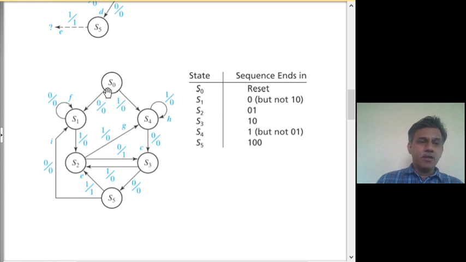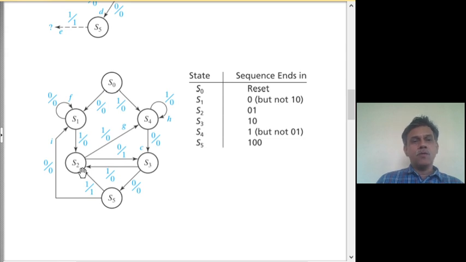Or here again, a 0, 1, 0 followed by a 0, 1 is 1, 0, 0, 1. That is also an overlapping condition. We again produce a 1 and go here. So, both overlapping can be taken care of if you go to S2.